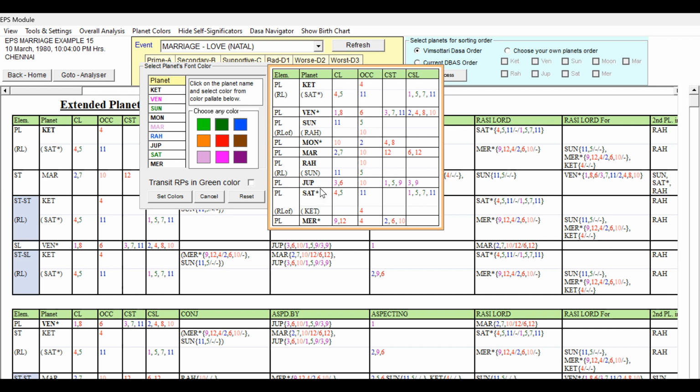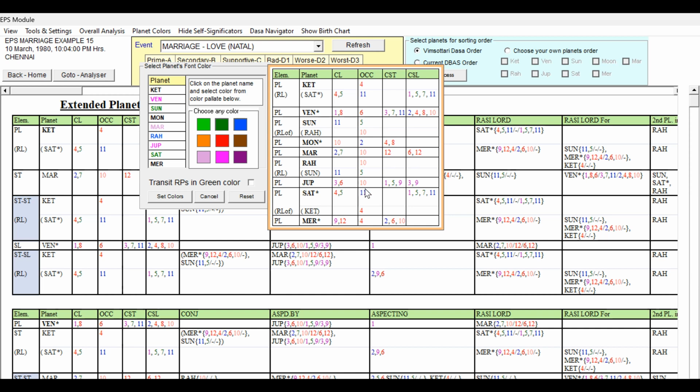And Jupiter, 3rd Lord, 6th Lord occupying 10th house, 1, 5, 9 star Lord and 3, 9 cuspal sublord. 3, 1, 5, 9 and 3, 9 are good, but 6 and 10, it is having some weakness. Because of that, we can give Jupiter pink.